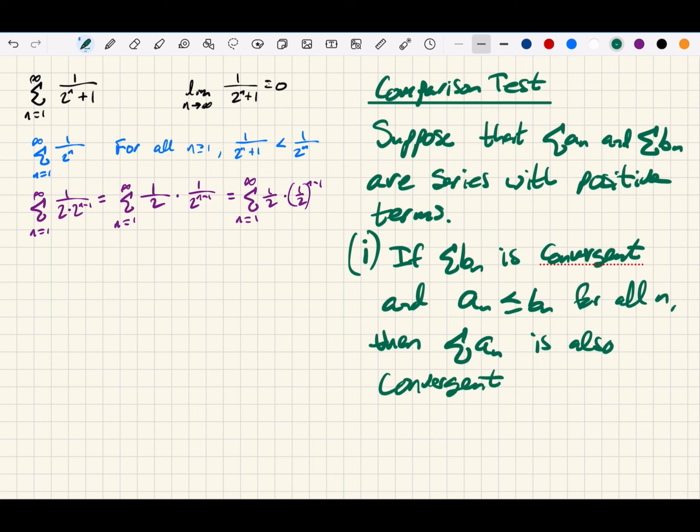But we need this tool, the comparison test, so that we can cite it in our argument.